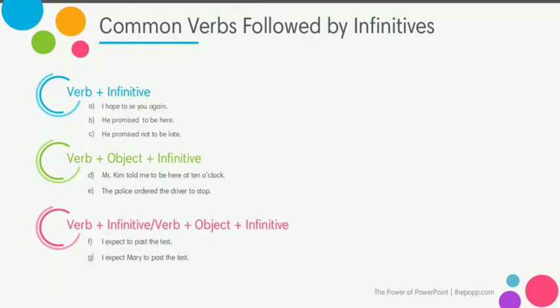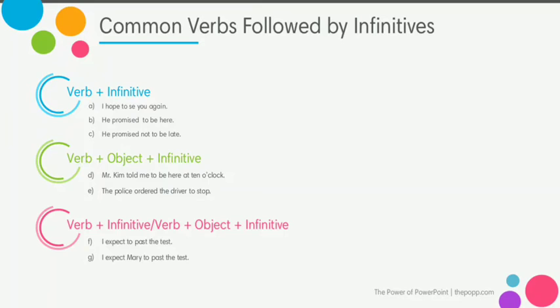The second is verb plus object plus infinitive. For example, D: Mr. Kim told me to be here at 10 o'clock. E: The police ordered the driver to stop.